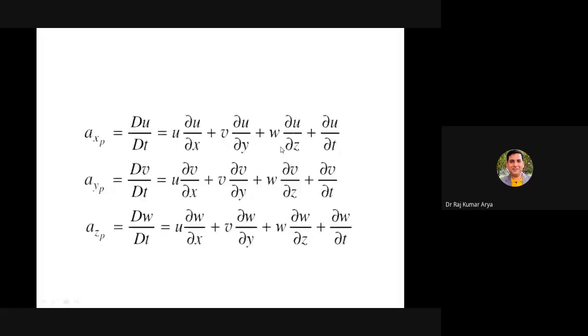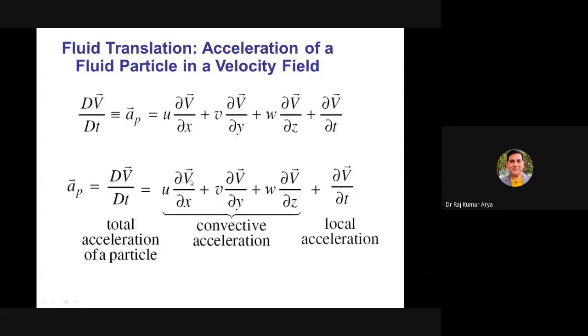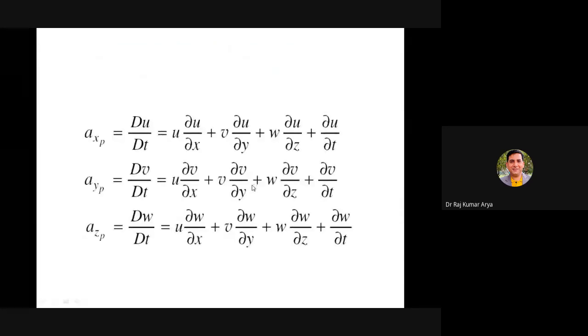So then you calculated the acceleration of the particles. In the previous equation, you can use the entire velocity vector, and whatever comes from here would be the total acceleration vector of the particle. Suppose you want to calculate an individual component, the acceleration of the particle in x direction, y direction and z direction.